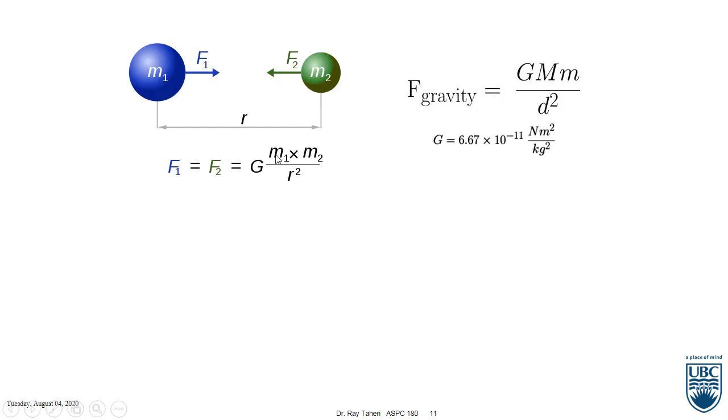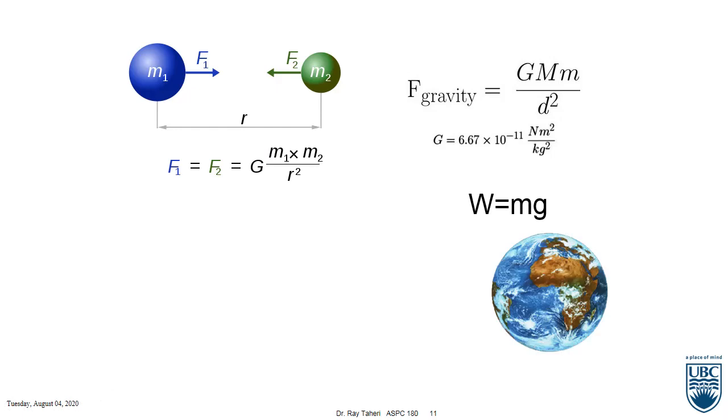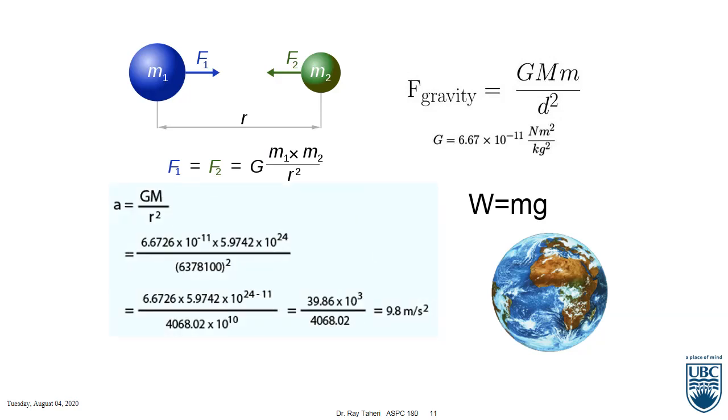So for the rest of these, let's say one is the Earth, because of gravity, and one is the object, for example an apple. Using the simple W equals mg, you want to calculate the acceleration. You want to find this g, so g is equal to W divided by m, and m is obviously the mass of that object.